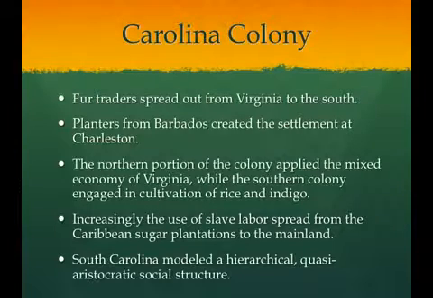This area tended to take on a very different characteristic. In fact, there was a very different type of immigrant who moved to those areas. The Scottish, in particular, Scottish and German settlers tended to move into the Appalachian regions.